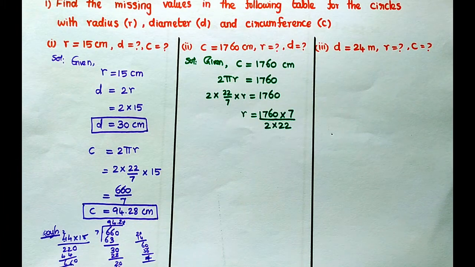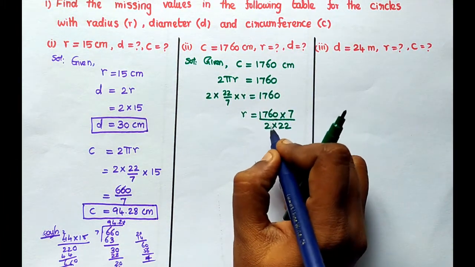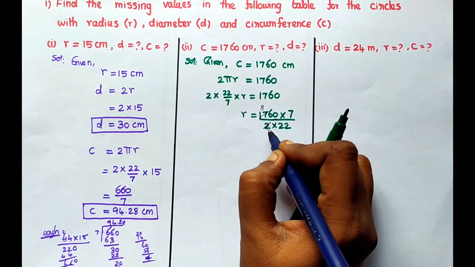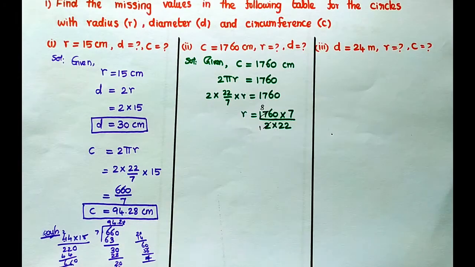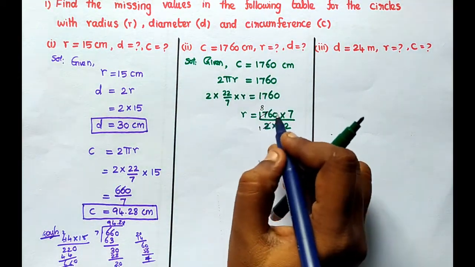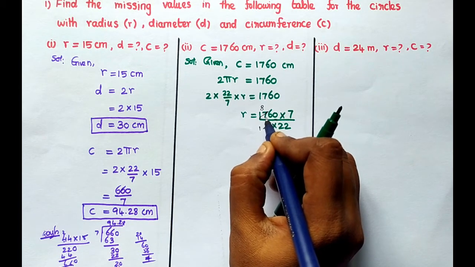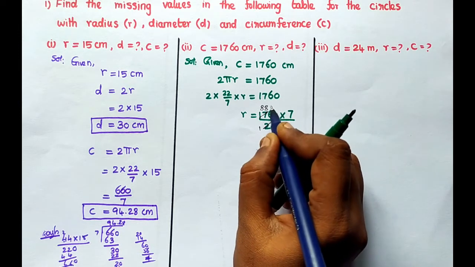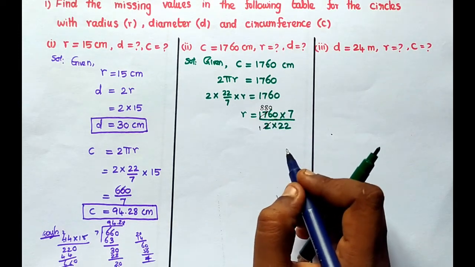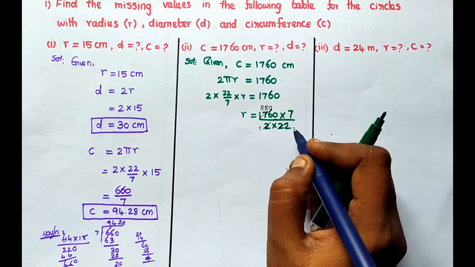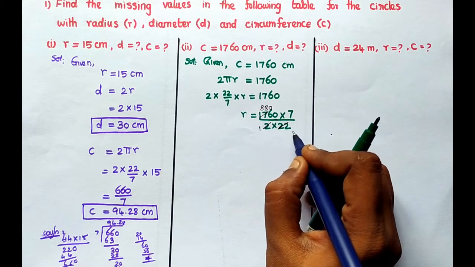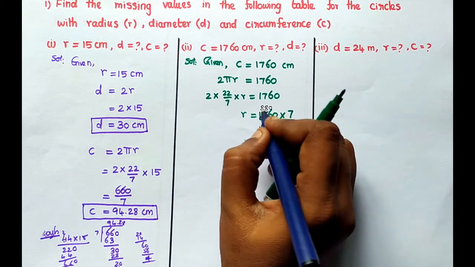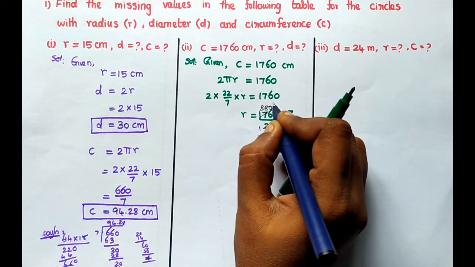Now cancel these numbers. 8 2s are 16. Again, 8 times, put the 0, so 880. Again divided by 2, we get here 11, here 440.